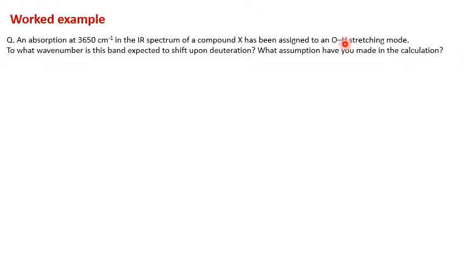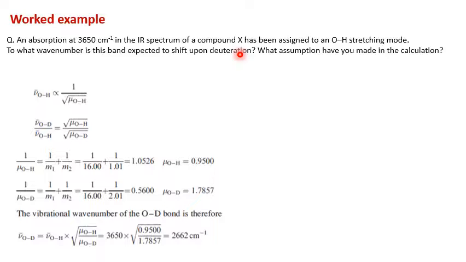Therefore, you can calculate the reduced mass and compare the stretching frequencies. So the frequency will be inversely proportional to root over reduced mass. If k is constant, then the other parameter is automatically taken into account.